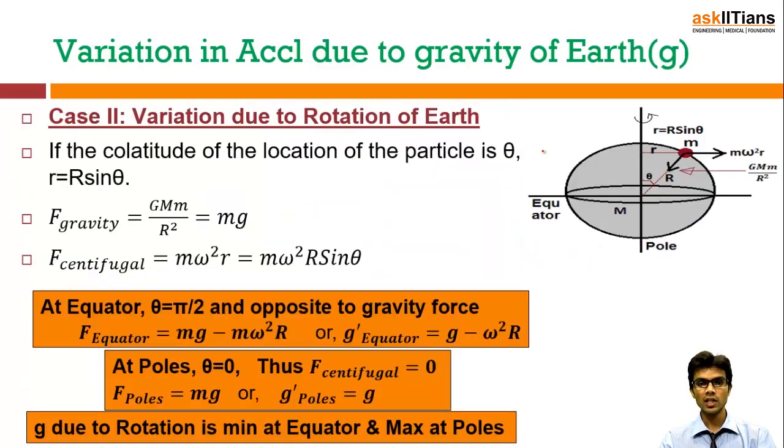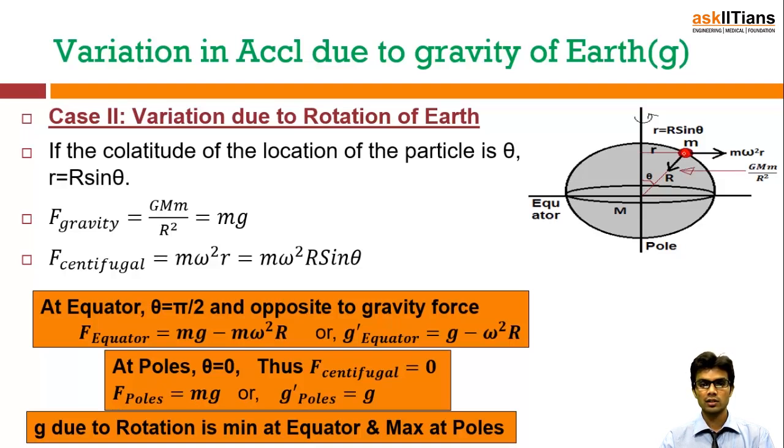Next, variation of acceleration due to gravity of earth due to rotation of the earth. So let us consider this is the earth of mass M, this is the equator and this is the pole, north pole, south pole, this is the equator. Now let us consider a mass m on the surface of the earth.